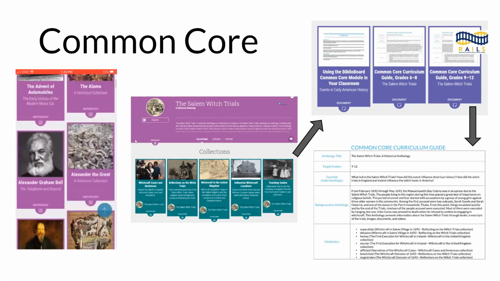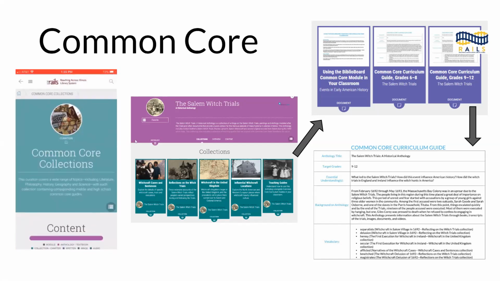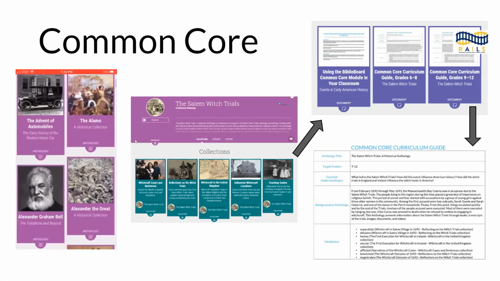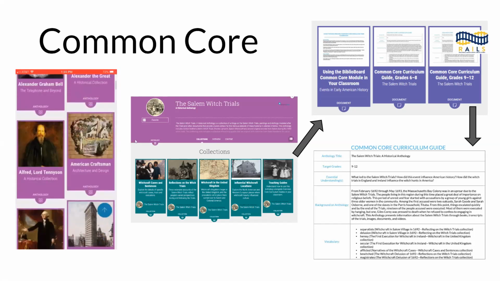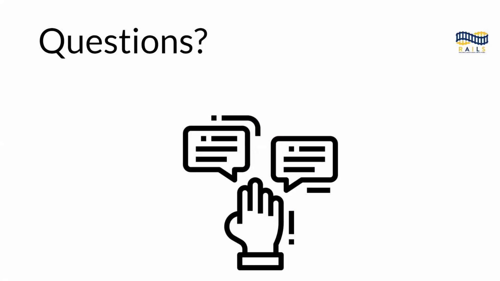And the cool thing about this collection is that many of these collections include teaching guides, Common Core curriculum guides on several of these subjects. So you can use that to build lesson plans if you'd like. So those are just a few of the resources available on the Rails for Schools Biblioboard site.